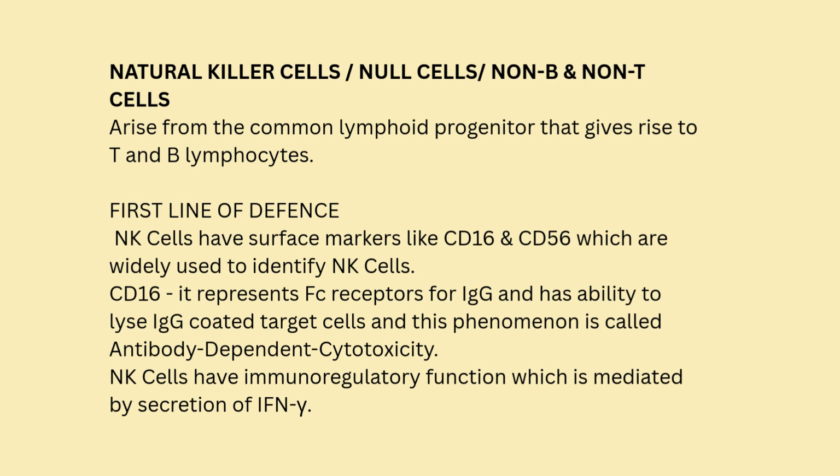Natural killer cells have surface markers like CD16 and CD56, which are widely used to identify them. CD16 represents Fc receptors for IgG, that is immunoglobulin G, and has the ability to break down or lyse IgG coated target cells. This phenomenon is nothing but antibody dependent cytotoxicity. Natural killer cells also have an immunoregulatory function, which is mediated by secretion of interferon gamma.